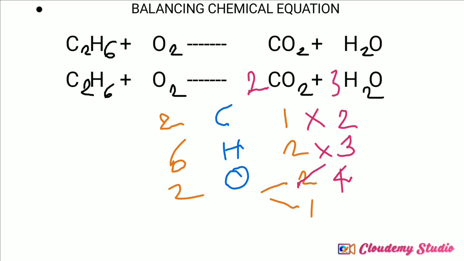Now, how many times now? 3 times. Previously, it was mentioned as 1. So the 1 oxygen atom will change into 3 oxygen atoms. So total number of oxygen atoms at the right hand side together, what is that? 4 plus 3, that is equal to 7.